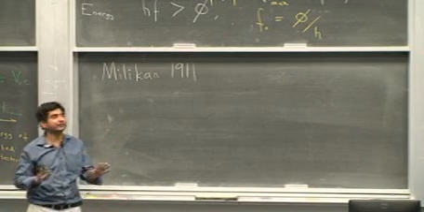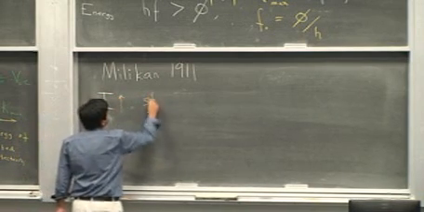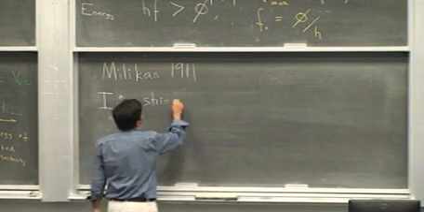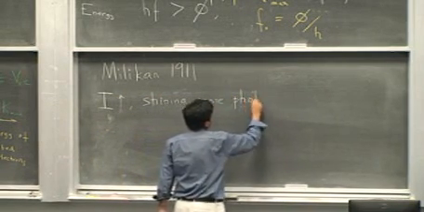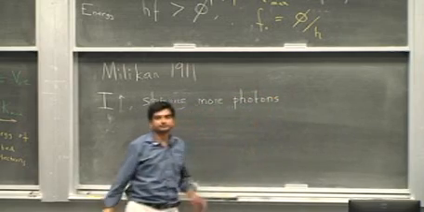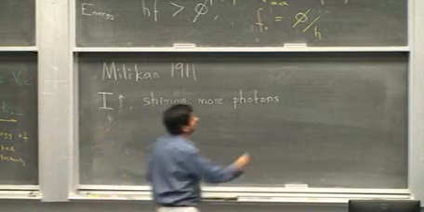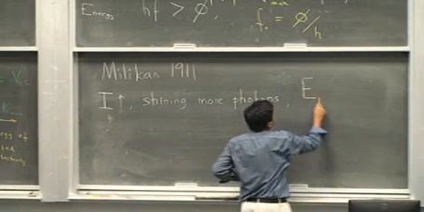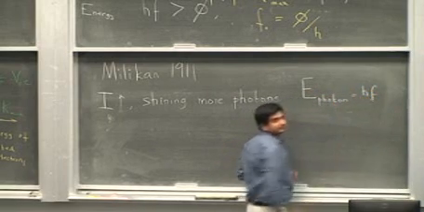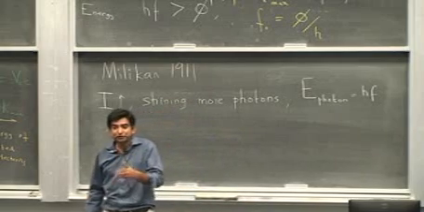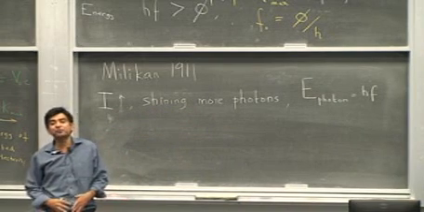No, it should not increase, because increasing the intensity means you are shining more photons, but each photon carries an energy HF. The energy of an individual photon does not increase by increasing the intensity, just that we have more photons.